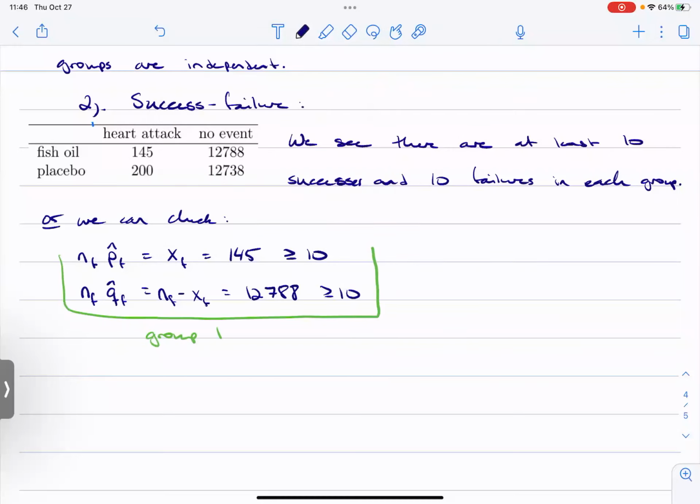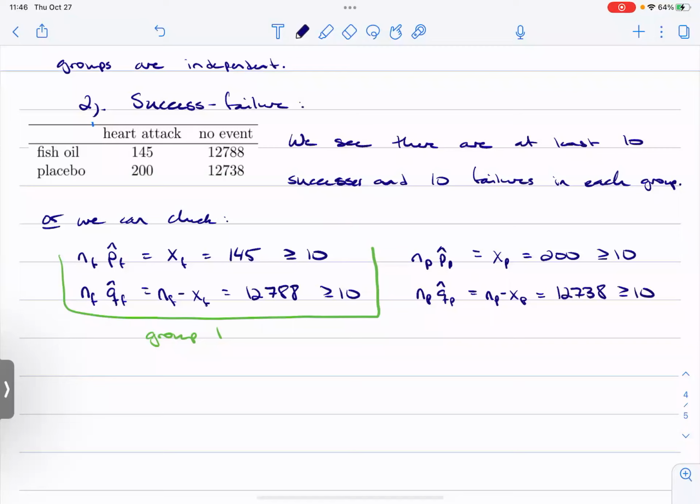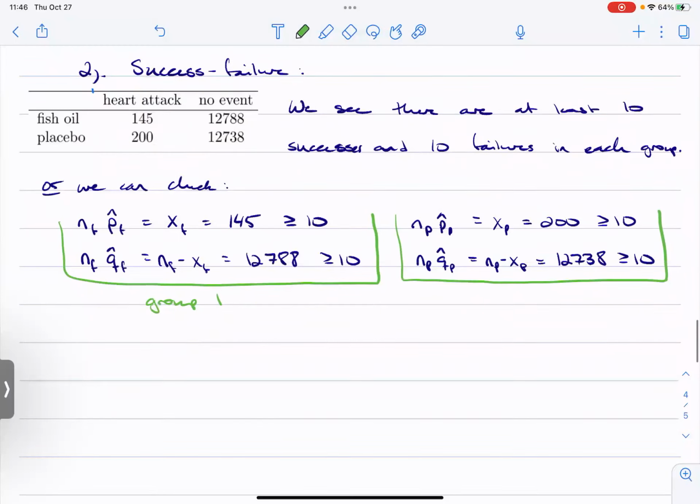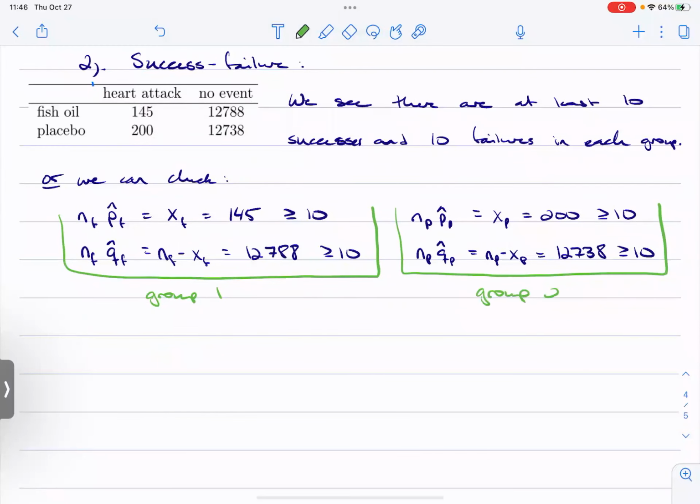We have to do the same thing for group 2. I'm going to do them beside each other here. N P, P hat P, which is X P, which is 200, is greater than or equal to 10. N P Q P hat is N P minus X P, which is 12,738.